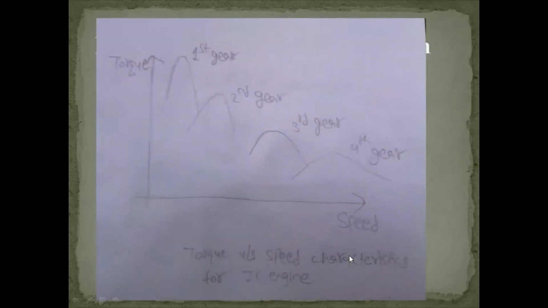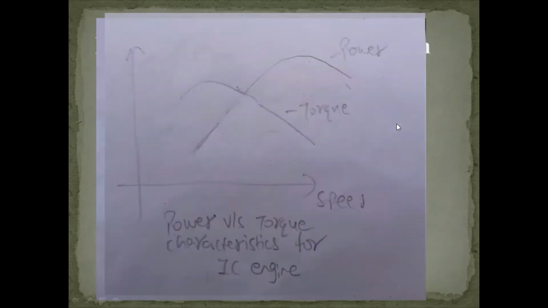In the IC engine, as you can see, the requirement of high torque is fulfilled by the first gear, and the requirement for the high power is fulfilled by the fourth gear. So that's why an IC engine needs a different gear ratio in order to function. Here is another curve which compares power versus torque for an IC engine.